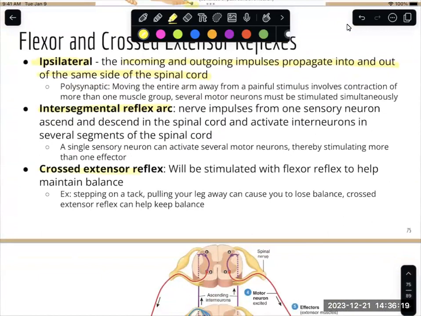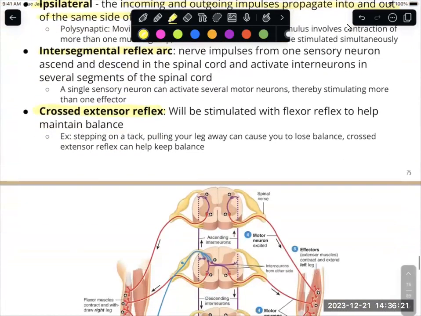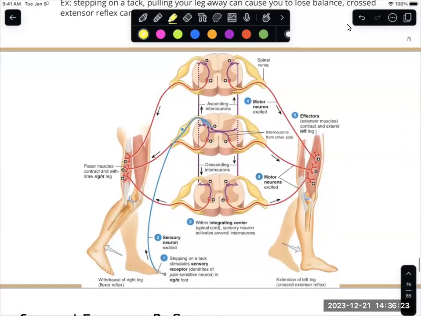And then we have cross extensor. Okay, so this foot over here, we talked about it. They stepped on a nail. That sensory receptor was activated when you step on a nail. That sensory information goes into the spinal cord. Information needs to travel up and down that spinal cord on the same side.